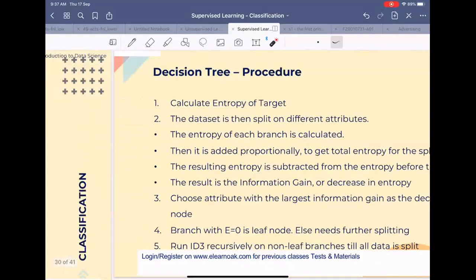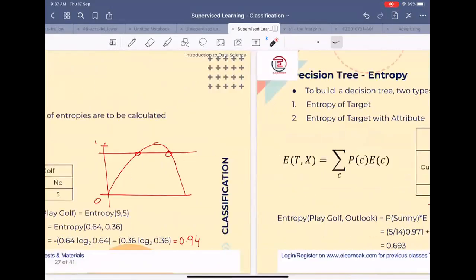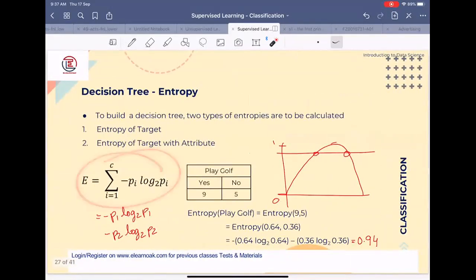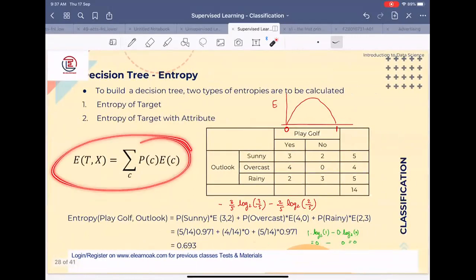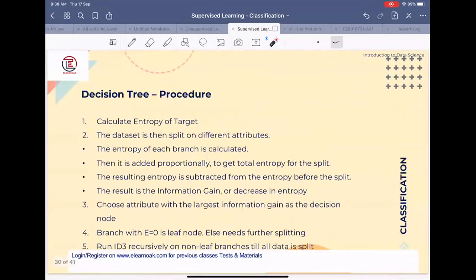So the steps that we did here: first, find the entropy of the target. For each of the features, so this is one feature, for each of the 4 features, evaluate this entropy. Evaluate the gain for each of the 4 features. And that is what we have here.